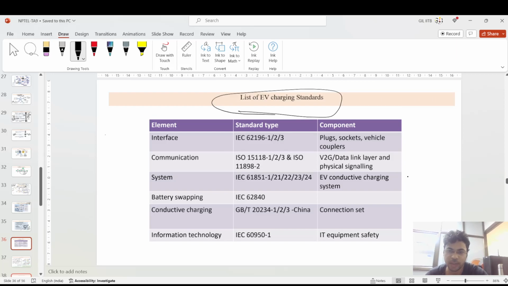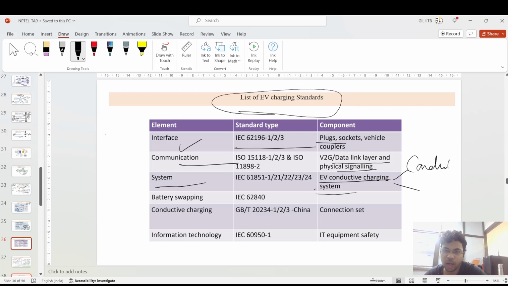This is the list of EV charging standards, which is also important for solving this week's assignment. That is the interface between the EV and the EVSE: the sockets and the vehicle coupler plugs. Communication, that is the V2G data links and the physical signal between the different stakeholders.